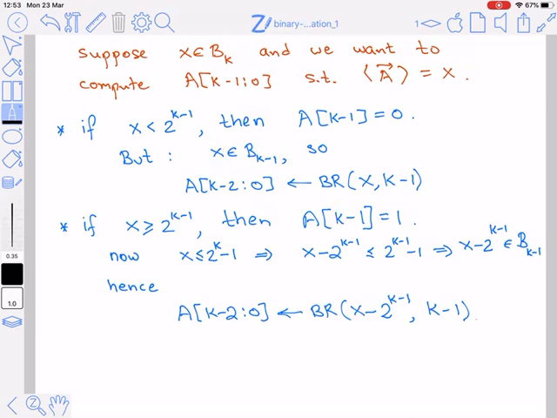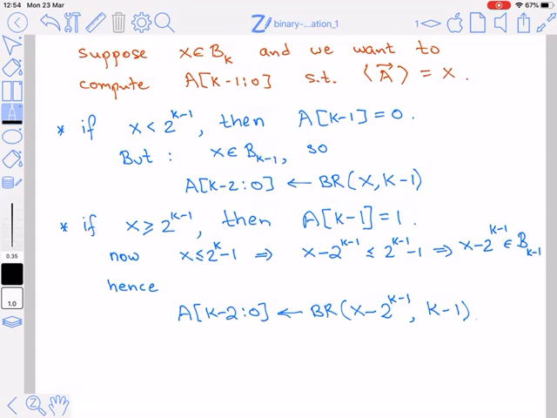This tells us, in fact, that x is in the range b sub k minus 1. Therefore, we can apply an inductive argument and argue that the k minus 1 bits of a from position k minus 2 to 0 are computed by the binary representation algorithm on the same x, but with a budget of k minus 1 bits. This is because x is now in b of k minus 1, as opposed to our original assumption that x was only in bk. Okay, so this is a smaller set.